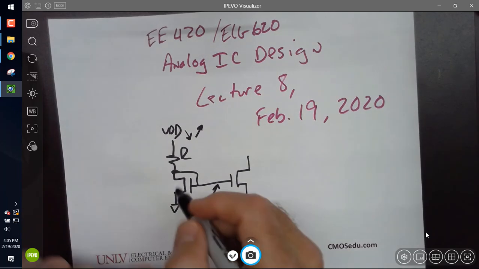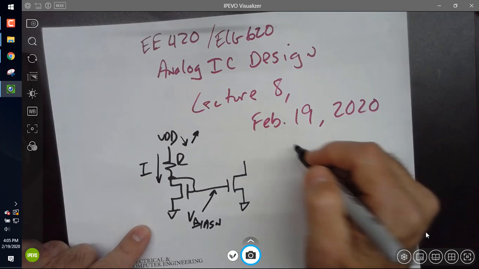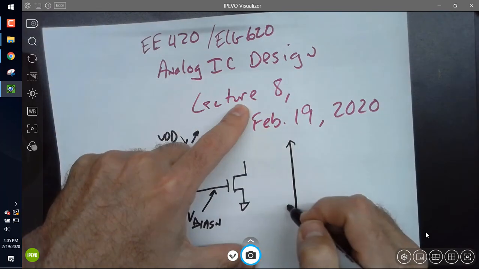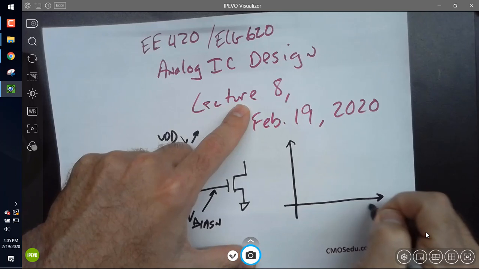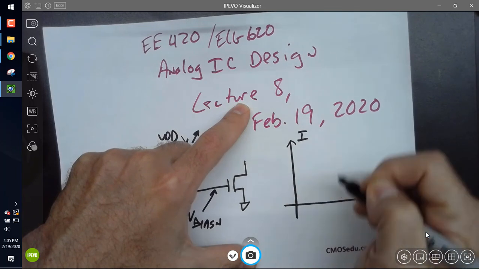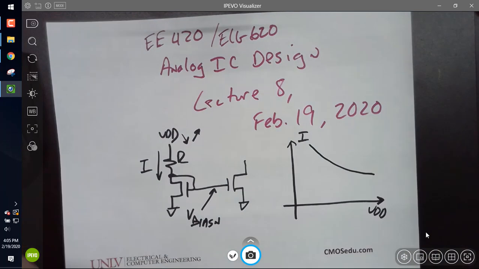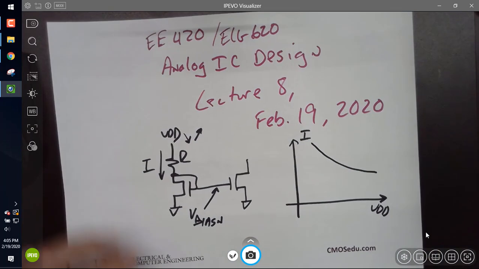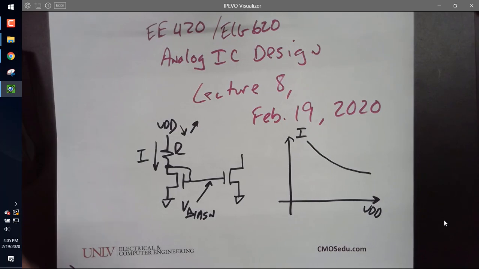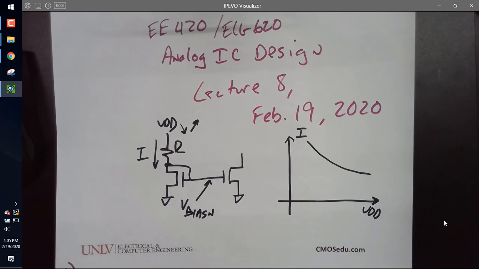If I plot VDD versus I, I would get something that looks like this. A lot of times you don't want that. You want the currents to stay constant with temperature and with power supply voltage.